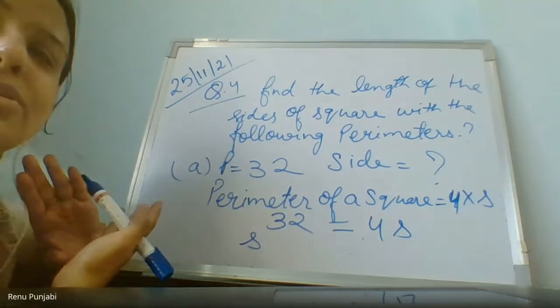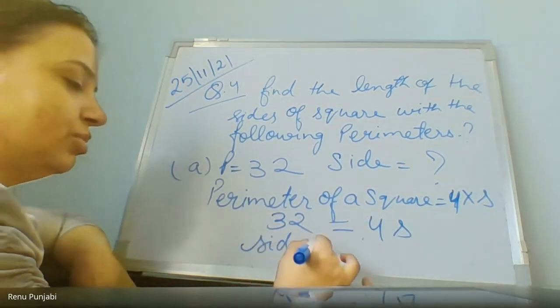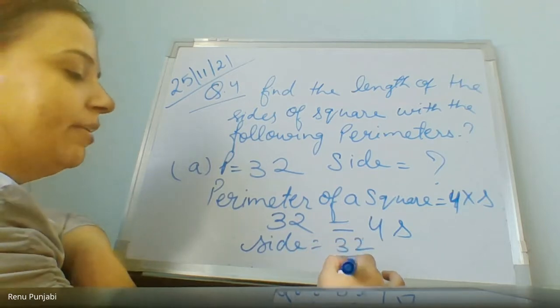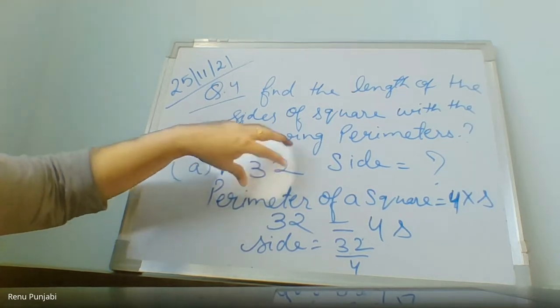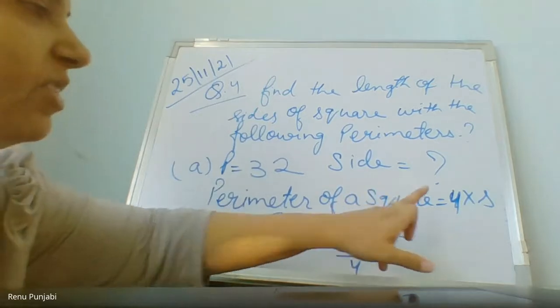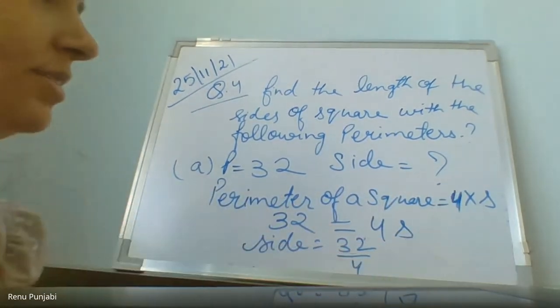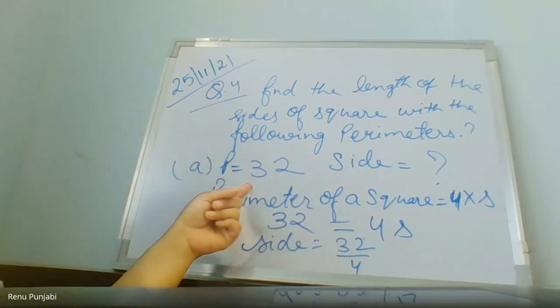Side equals 32 divided by 4. So whatever the perimeter is given to you, if you want to find the side, divide it always by 4, because 4 times side is added, then only the perimeter has come.